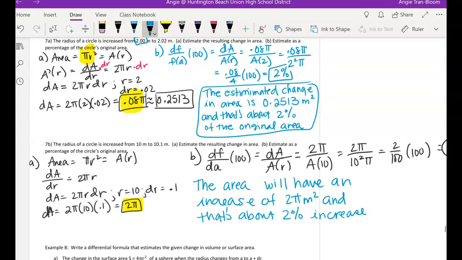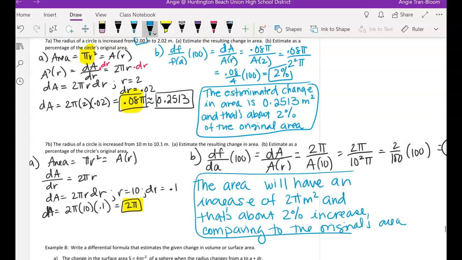So that's about 2% increase comparing to the original area.